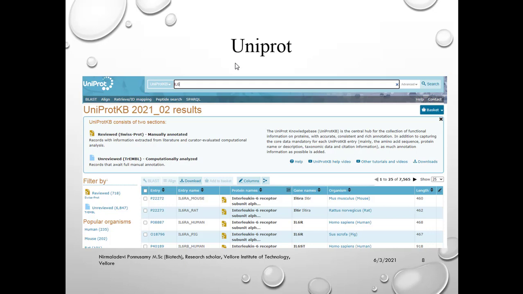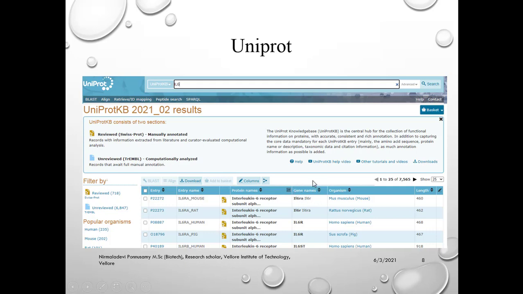In this blue color highlighted, it shows the entry. Entry means the UniProtKB ID is provided here, and this is the entry name, which gives the protein name along with the organism, in abbreviated form. Here it shows whether it is reviewed or unreviewed, meaning Swiss-Prot or TrEMBL.